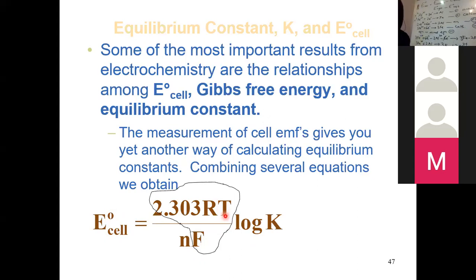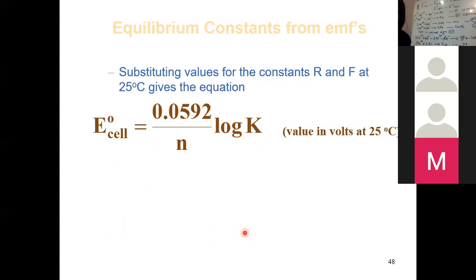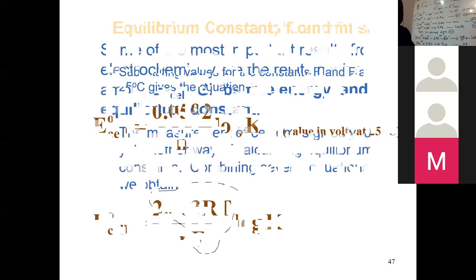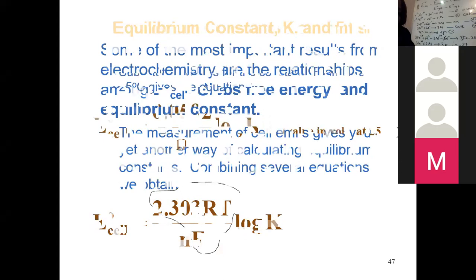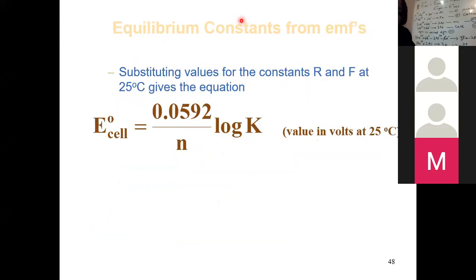By the time you enter the values for all of these and solve, what you're going to get is 0.0592.